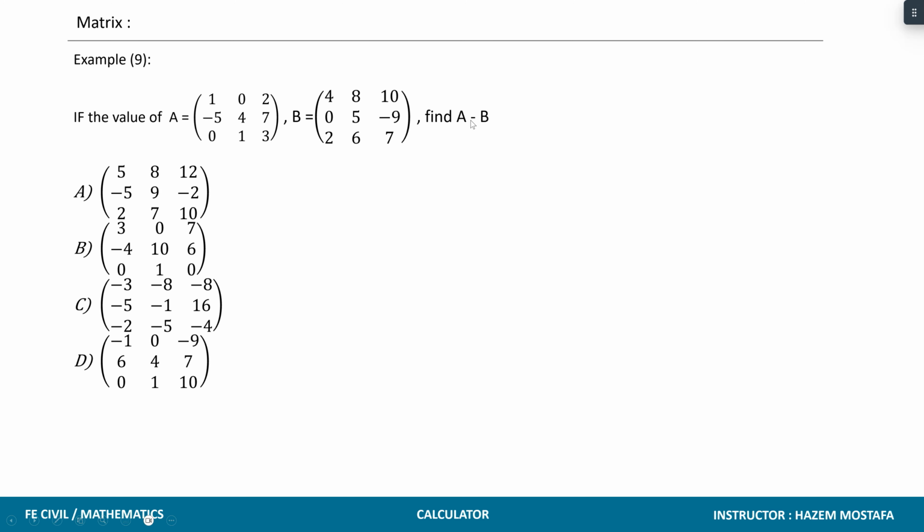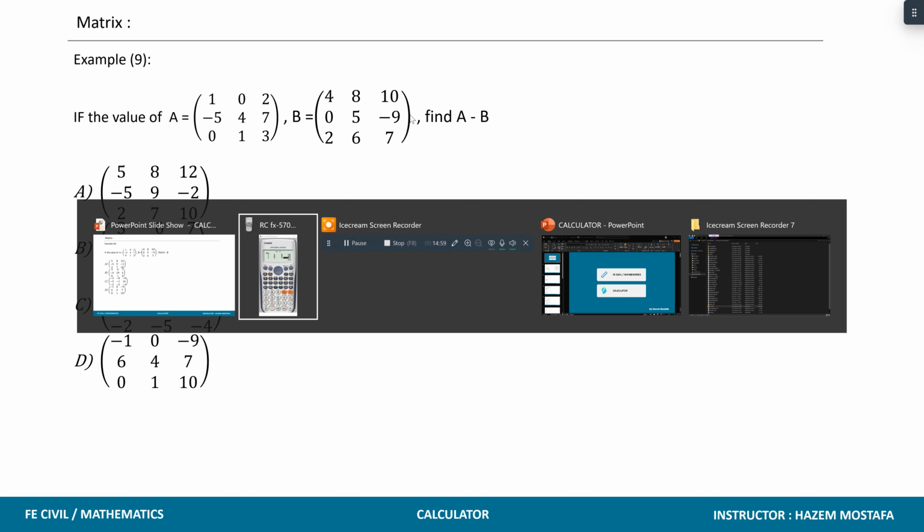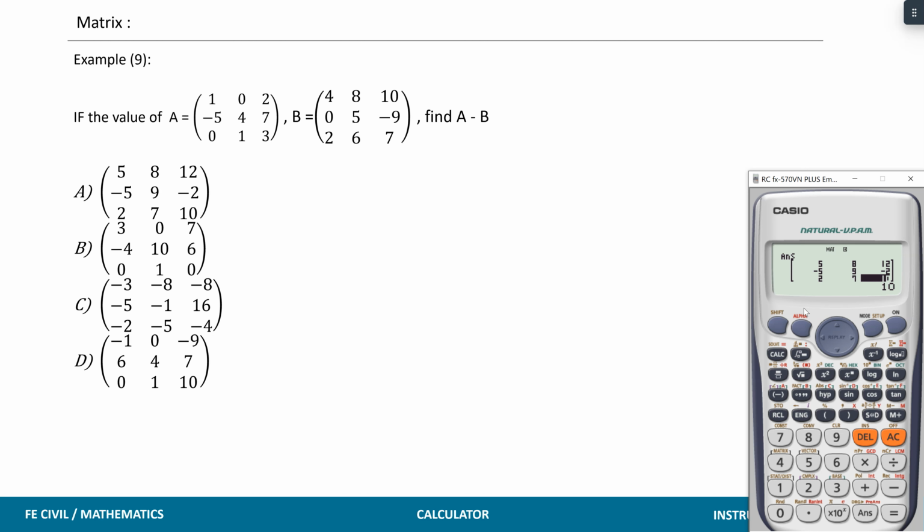If you want to subtract the matrices, we're gonna do that the same way. Instead of pressing the plus button, we're gonna press the minus, we're gonna subtract each one.